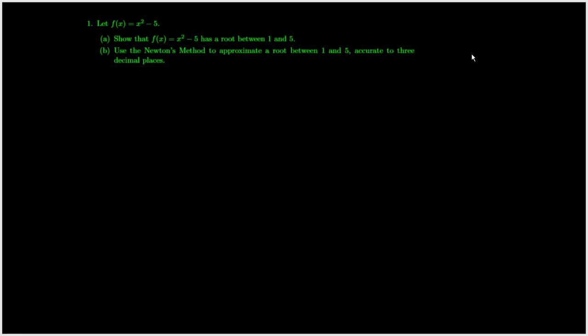Now we're going to do question B, okay? Again, to use Newton's method, you need to choose an initial estimate. In most cases, we use the midpoint of the interval from 1 to 5 as the initial estimate. So let x0 equal 3 be the initial estimate.